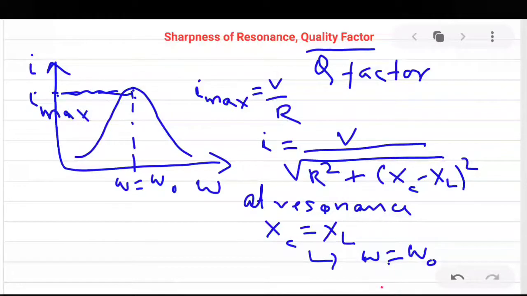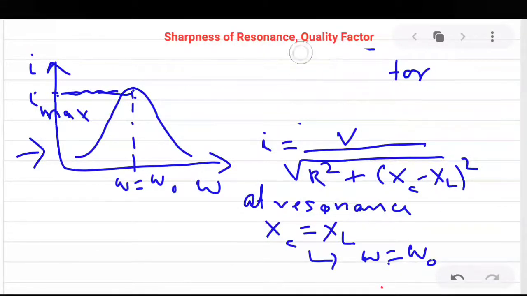Now see what is the significance of this curve. Suppose for one particular case we are getting a curve like this. Now let me draw one more graph.